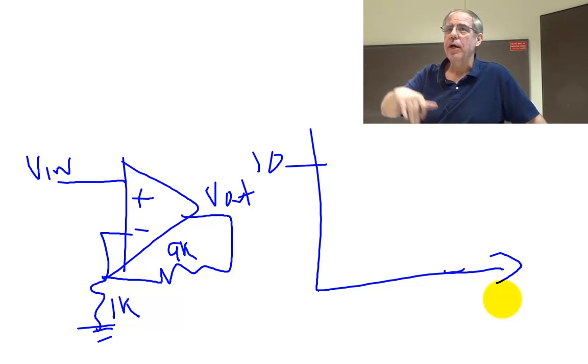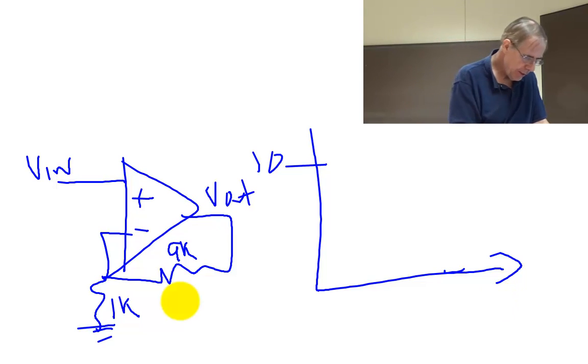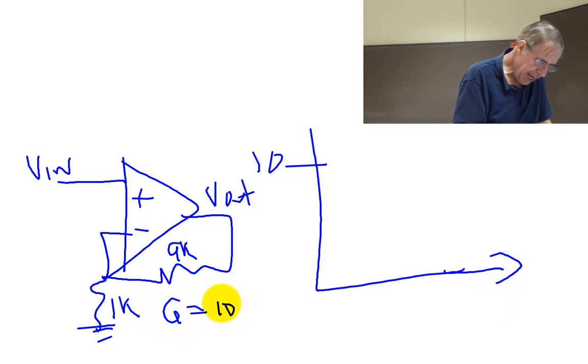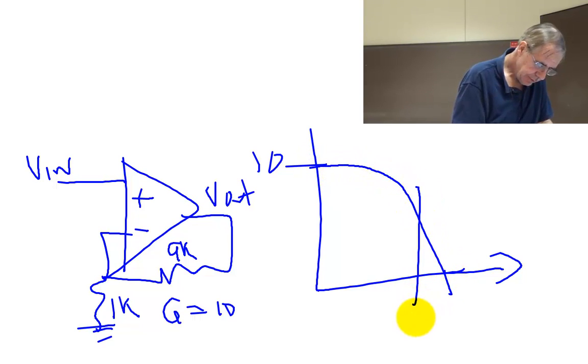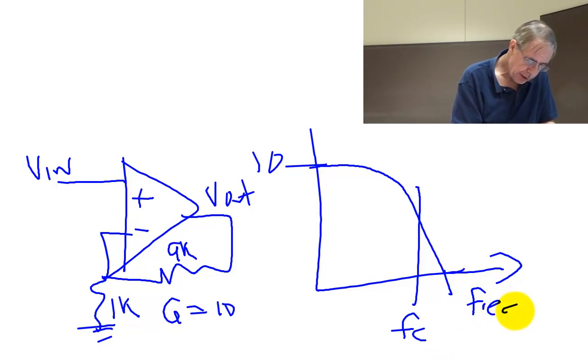Now you put in 0.1, you get 1. You put in 0.2, you get 2. Gain 10. But something bad happens at higher frequencies. It stops working.